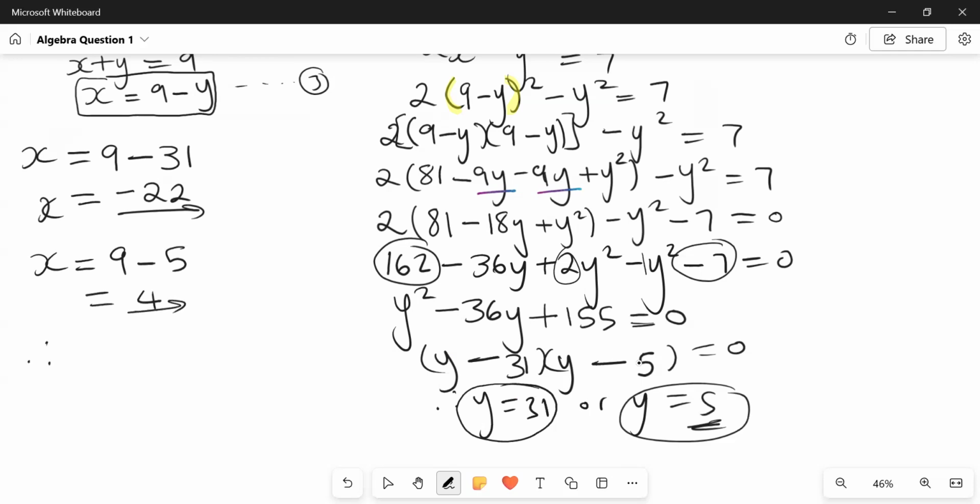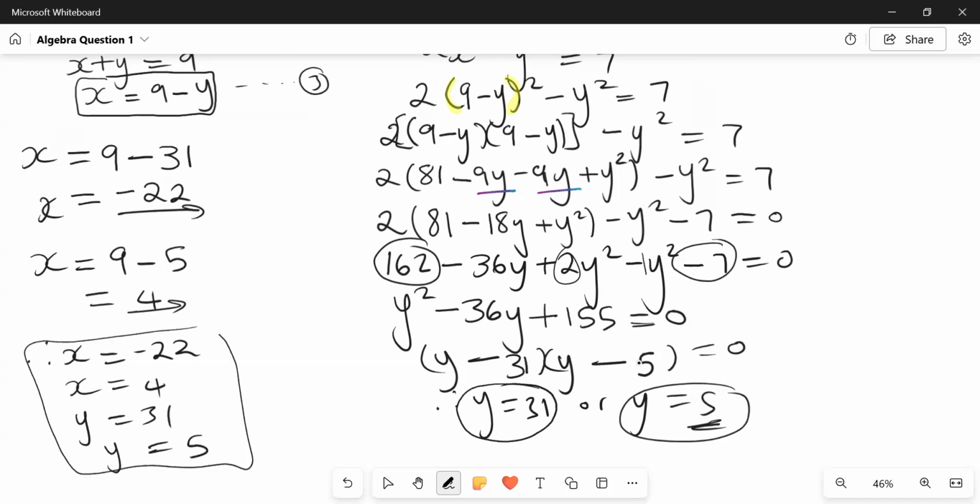We can now say, therefore, x equals minus 22, x equals 4, y equals 31, and y equals 5. And then we've answered our question.